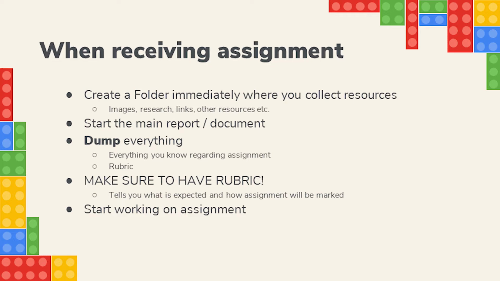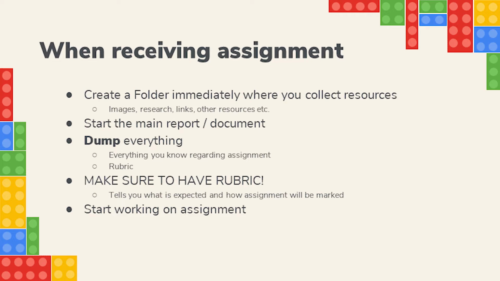We call it dump it. All the information you already know, just dump it. That includes, most importantly, the rubric. Just make it part of that document. If you don't have the rubric, ask for it. This is also very important. The assignment marking criteria, you ask for it, so you know exactly how the teacher is going to mark it. What's their expectation? This is very, very important.